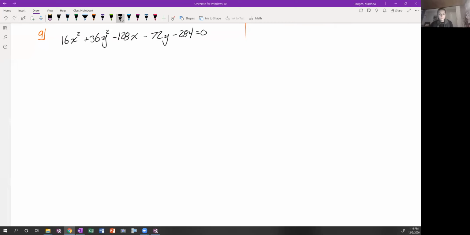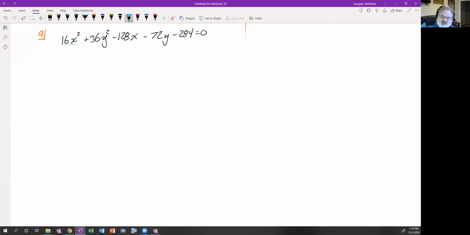Of course, this problem could be given to you with any of those on the left or right side. It's been set equal to 0 just by convention of general form. But if these were all moved around, the process wouldn't change. Fair? Now, looking at this, we see it's got both an x squared and a y squared.